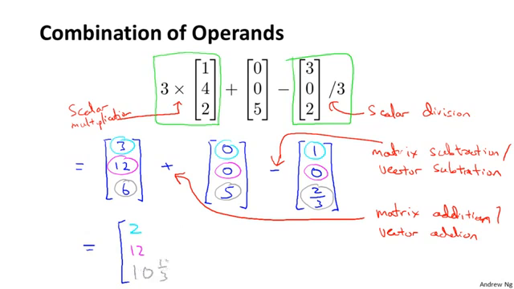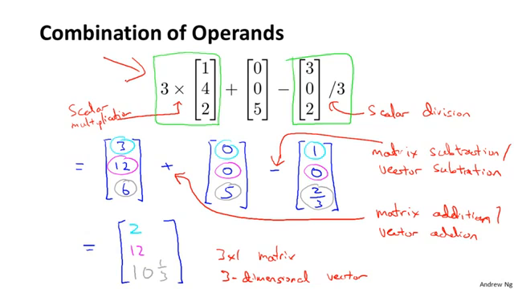And I'm going to close my square bracket. And so this gives me a 3 by 1 matrix, which is also just called a 3-dimensional vector, which is the outcome of this calculation over here.